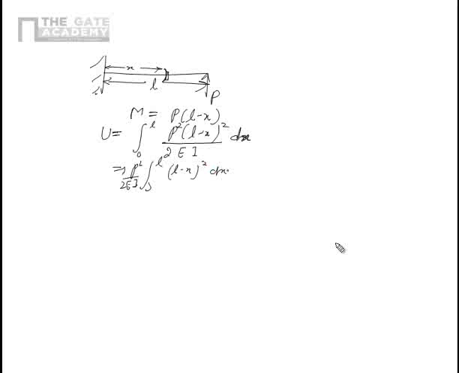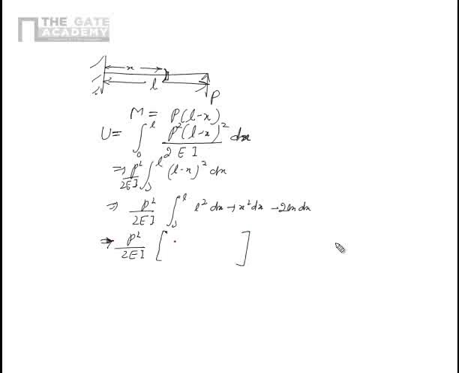Now I can do the integration directly by expanding this equation from 0 to L. So it becomes L square dx plus x square dx minus 2Lx dx. So now it is P square upon twice EI.